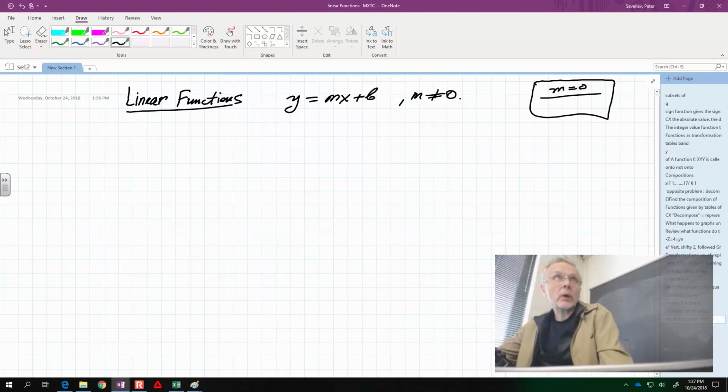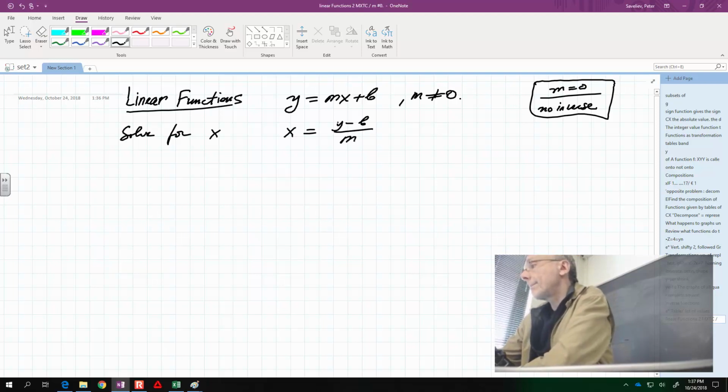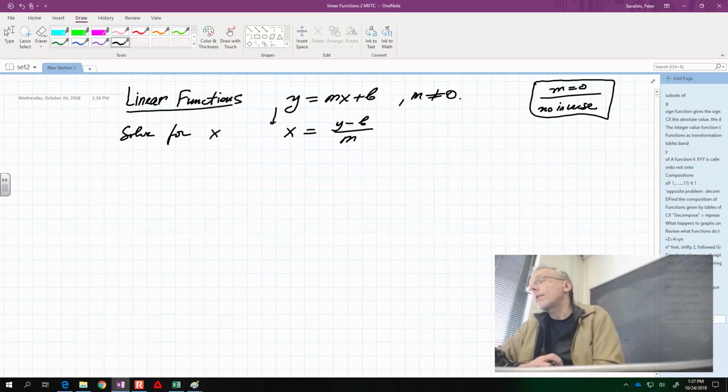It's neither one-to-one nor onto. So no inverse, and that's why we exclude them. So solve for x, and you have x equal to (y minus b) over m. So that's once and for all solving the problem of the inverse of a linear function, a linear polynomial.